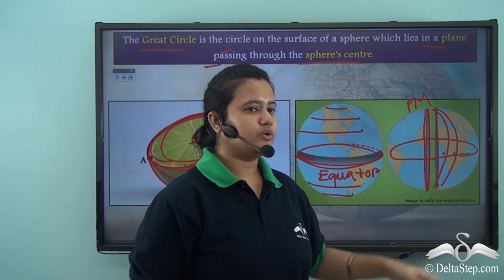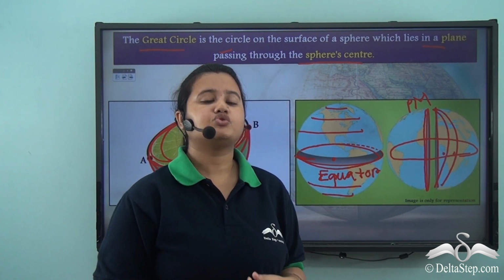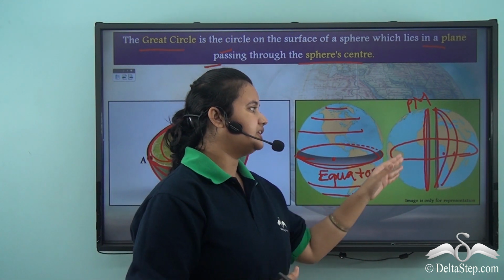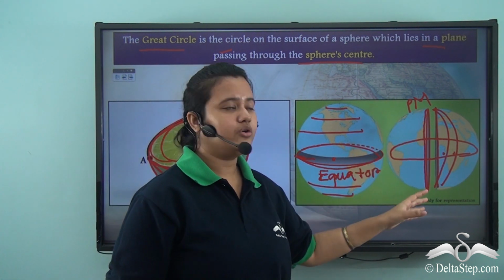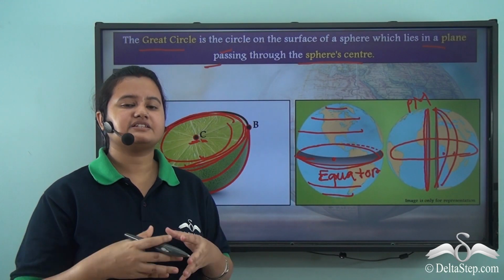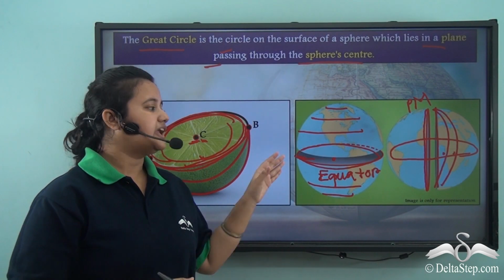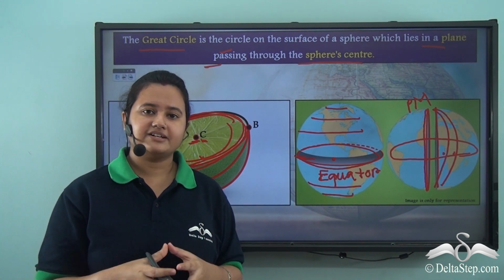So in other words, we can see that all the longitudes pass through a point that lie within the orbital plane. So in this sense, all longitudes are great circle. So if we summarize this fact, then we can say that equator and all longitudes are great circles.